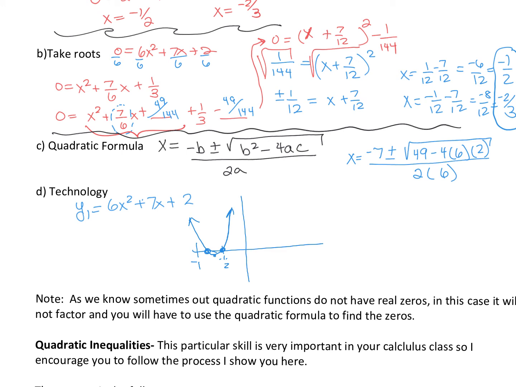But just like before, when we want to find a zero, I go second function, calculate. This time we want to calculate a zero. And then we do the same thing: left bound, right bound, and guess. So we would choose a value to the left of where we thought the zero was, to the right of where we thought the zero was, and then we would guess. And we would just have to do that twice, once for each zero we wanted to find.